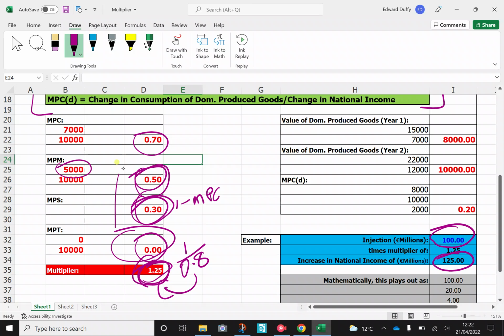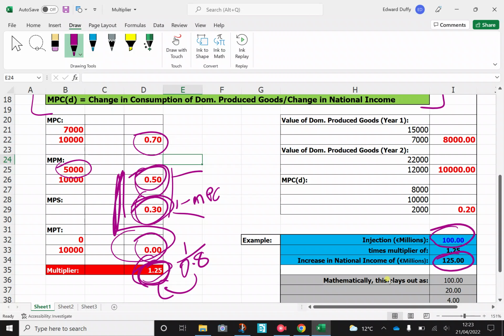And for that to happen, that means that these figures have to be as low as possible. It's no good if half of it is going in imports and another third of it is being saved in the bank. That's not going to help the Irish economy. So the smaller those figures are, the larger the multiplier will be.